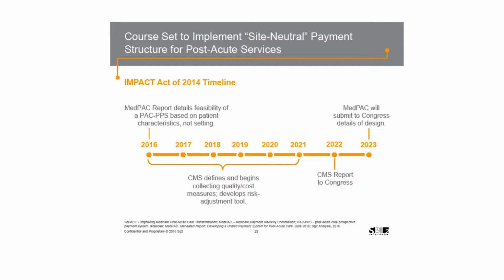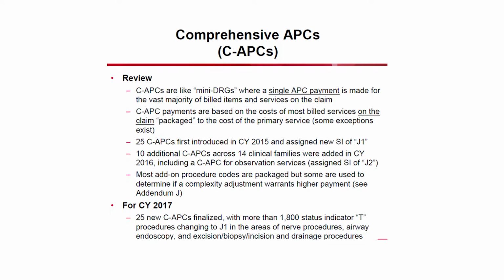And 2022, they're set to report to Congress. And then in 2023, MedPAC will submit to Congress the details of this design to do the payment restructure for post-acute services, which will really be more and more based on those quality, cost measures, and value to the consumer.